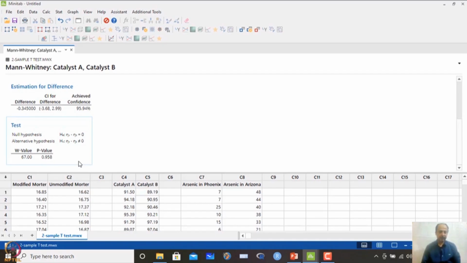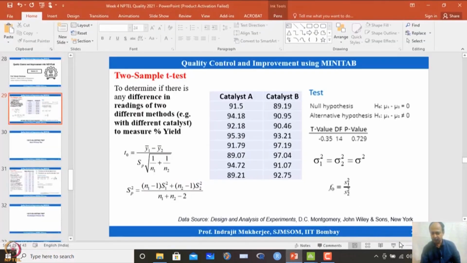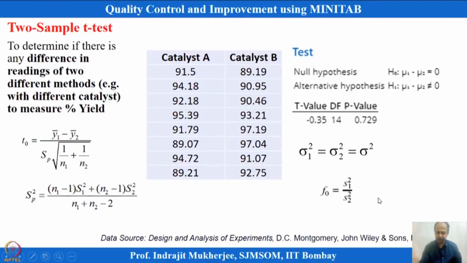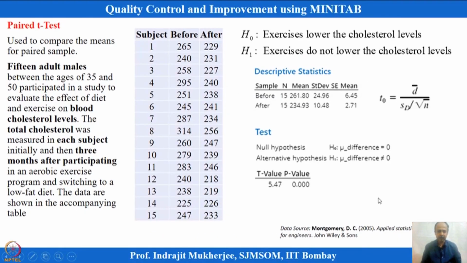We do not see any difference. So the non-parametric test also confirms that there is no difference between catalyst A and B. These are the non-parametric options.